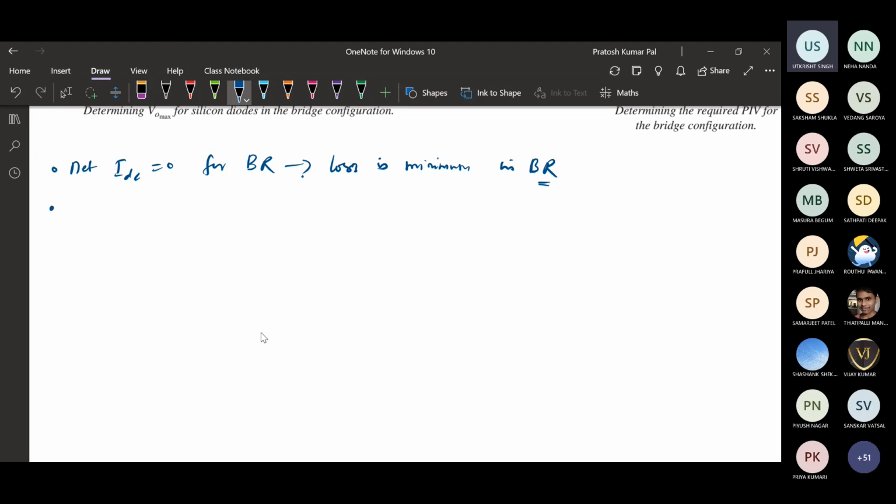Also, the PIV is less. This is one of the advantages of the bridge rectifier. If PIV is less, it can be used for high voltage and high power applications.